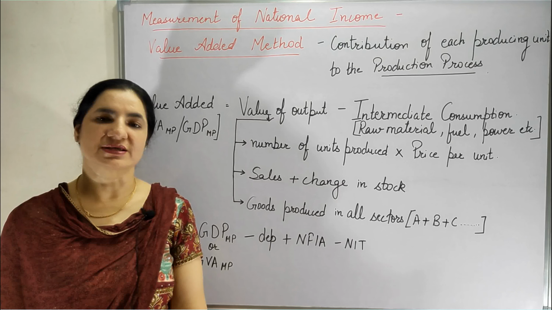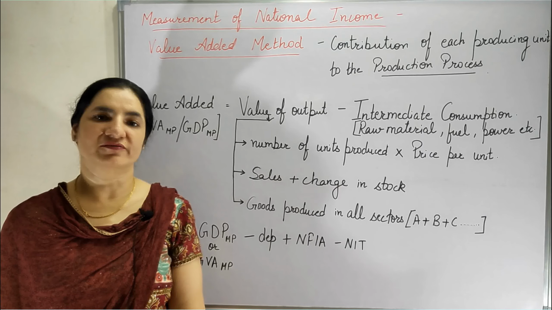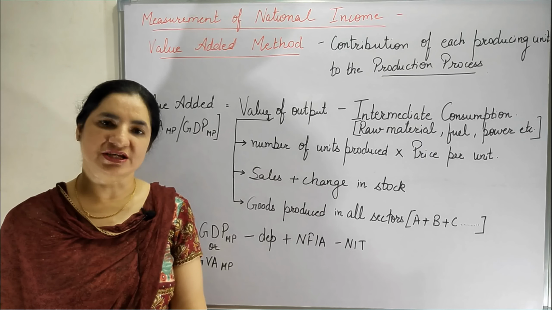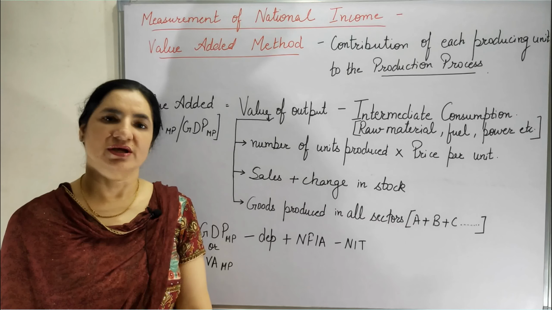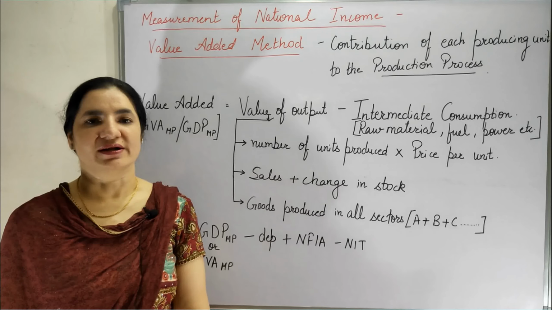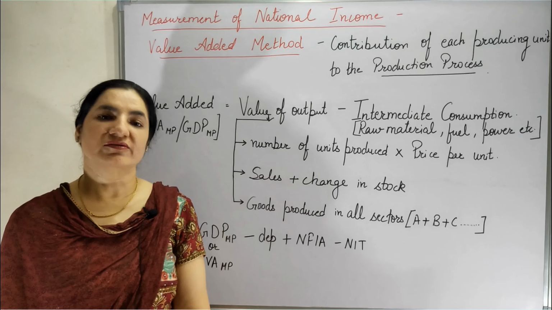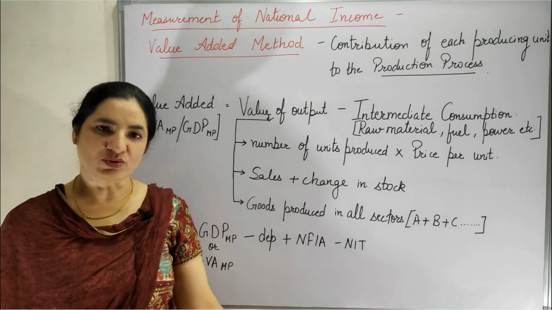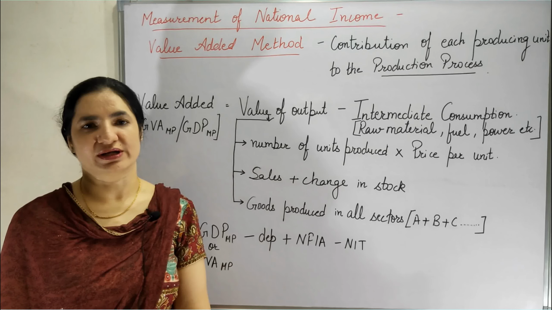All these methods are based on the circular flow of income which we have read in chapter 1. Under that, there are three stages of circular flow of income: the production stage, distribution stage and generation stage. In the production stage, all factors of production contribute, that is from the household sector side, for the production activities.